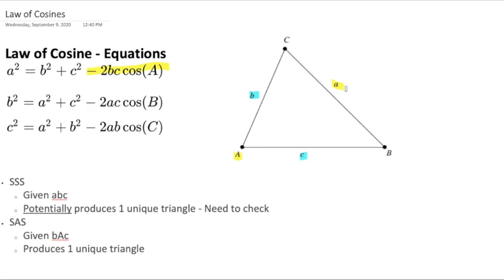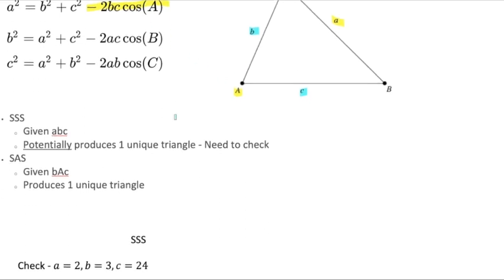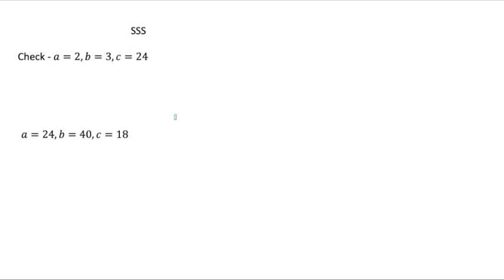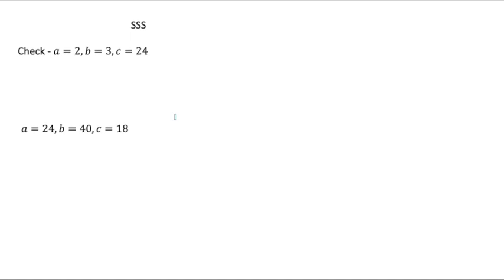So we're going to start with side, side, side triangles. The thing with side, side, side triangles is that we need to first check to make sure that it actually forms a triangle, because not all sides would connect and therefore we just wouldn't get a triangle.